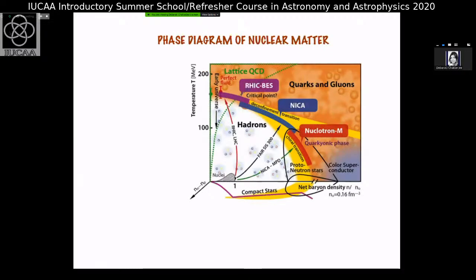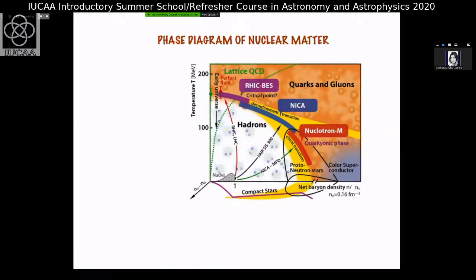So the equation of state of neutron star matter is very well represented in this diagram, where we can compare with the other experimental observables that we obtain from terrestrial experiments and other types of calculations.